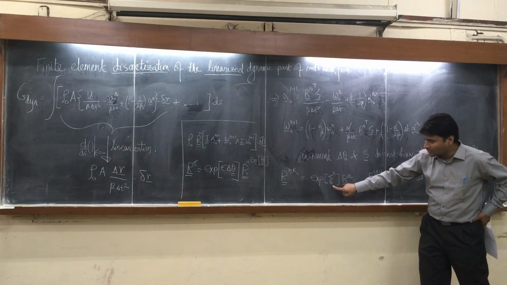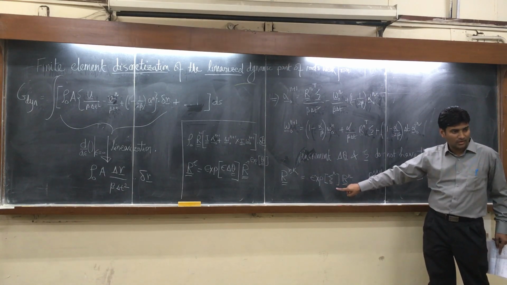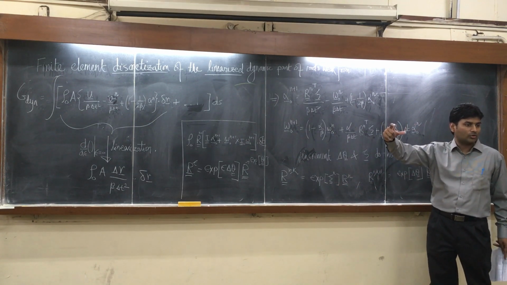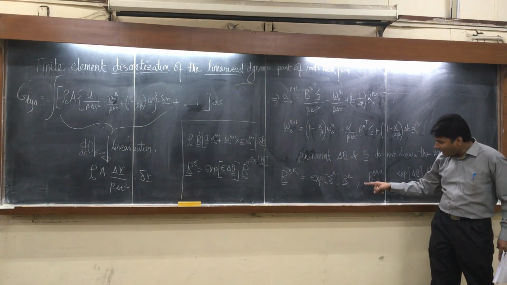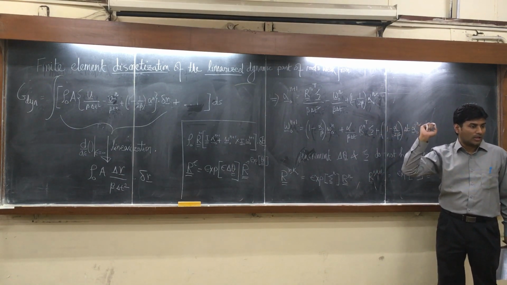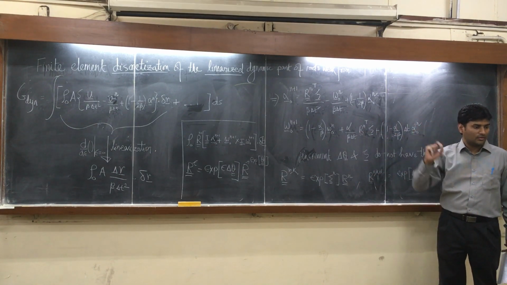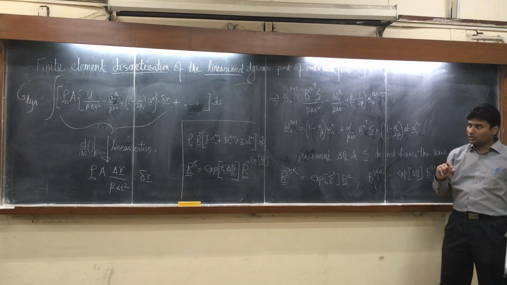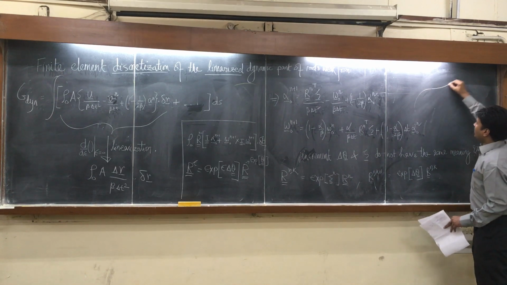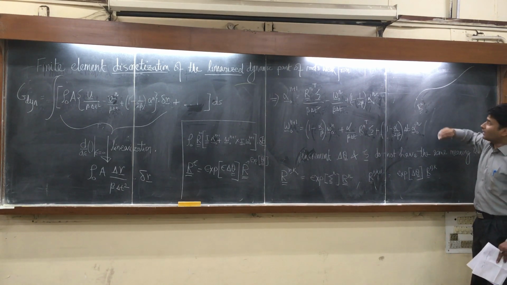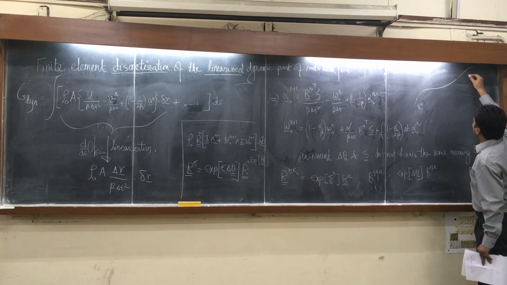But this zeta of k is the total accumulated rotation from Rn to the current value of the iteration. It's like a compound rotation. Let's say you are at Rn and you have to reach Rn plus 1.